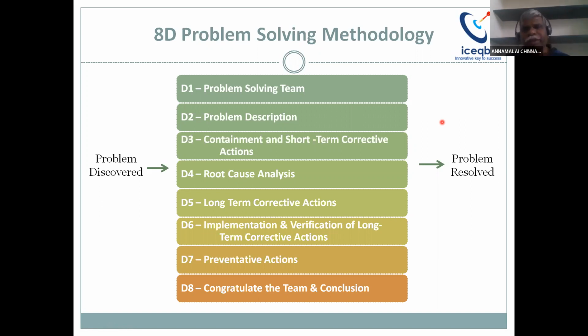So in that case, we need to give him some solution, so that he can start using that particular product or service immediately. His operations cannot be stopped because of this particular problem. So either we have to go there and sort out some of the issue, or we have to tell him what to do so that he can make some adjustment, and then he can use that particular product. That is what we call the containment.